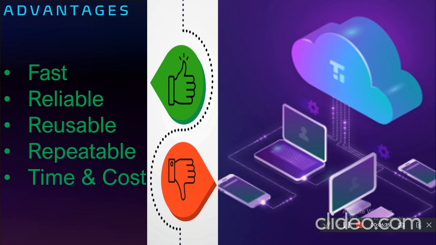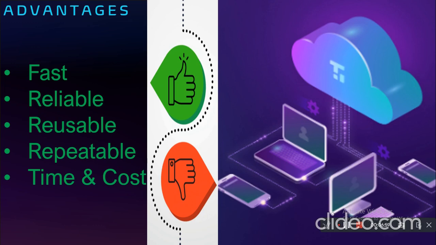Coming to the advantages, the execution is very fast. Everyone knows that testing an application manually is a time-consuming job. Suppose you are using an automation tool, the execution is very fast, and it will save time and cost as well.